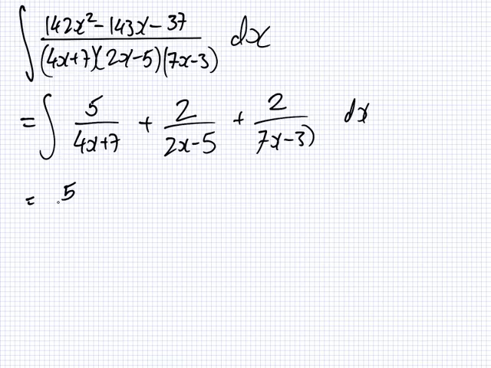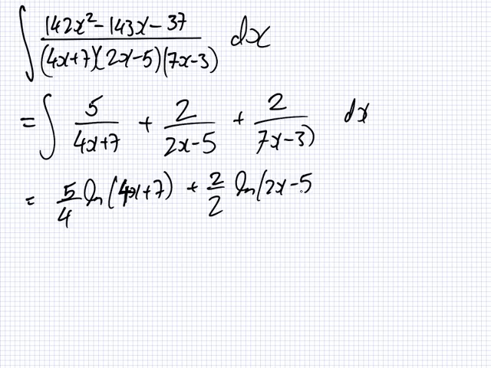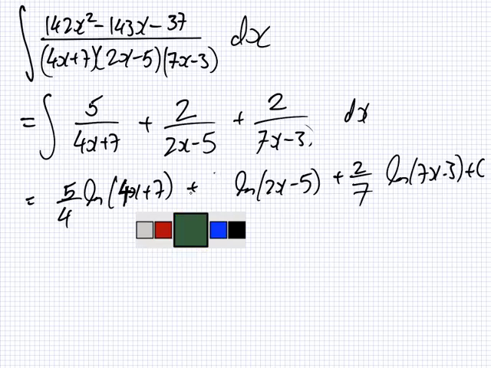So this would be 5 over 4 log of 4x plus 7, plus 2 over 2, which will be 1, log of 2x minus 5, plus 2 over 7, which we can cancel here. And that's the answer.